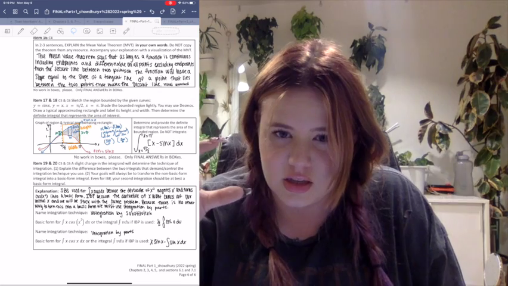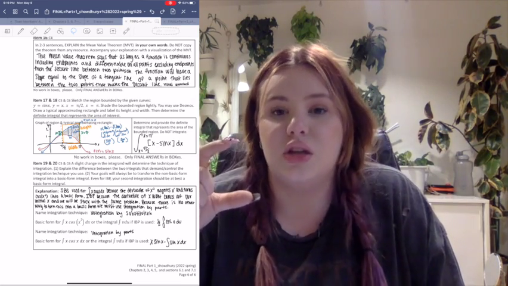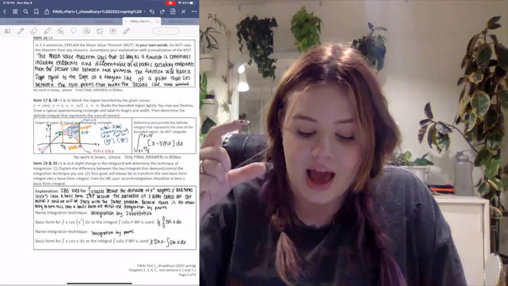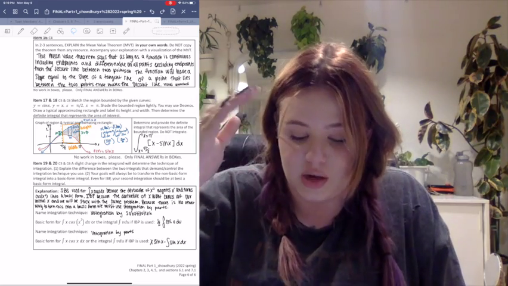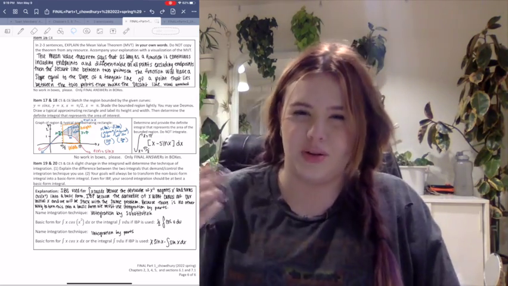Does that make sense? So instead of taking just sine x, or just x, for example, then we would just get, I don't know how to explain this without showing you.